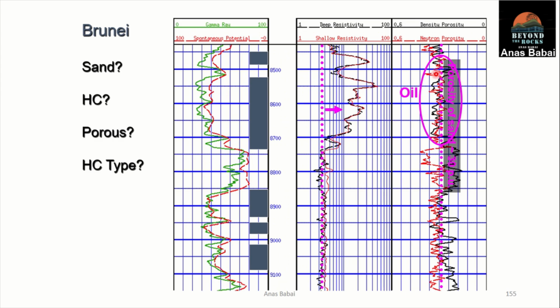Now, since we don't have a very large separation between the neutron and density, we can see that the density is to the left and neutron to the right in most areas, like this zone and this zone, while the separation is not so large, so this zone contains oil, while this zone is definitely a water bearing zone.